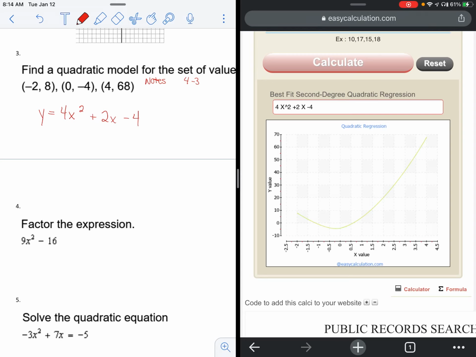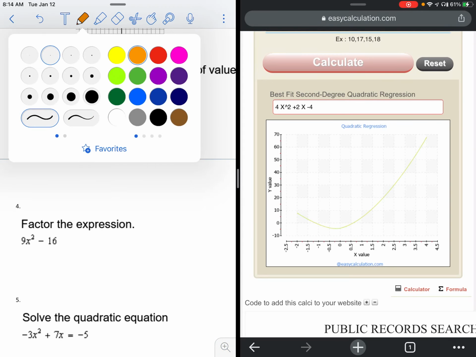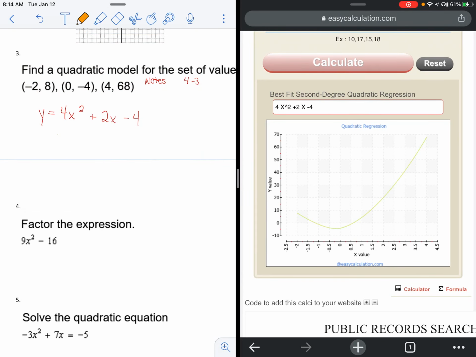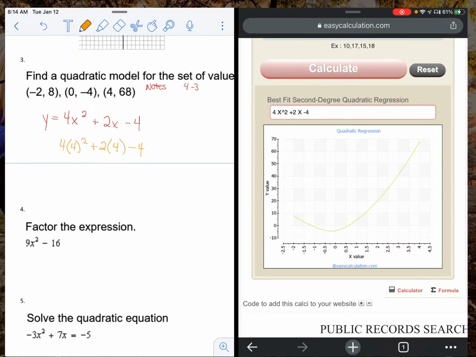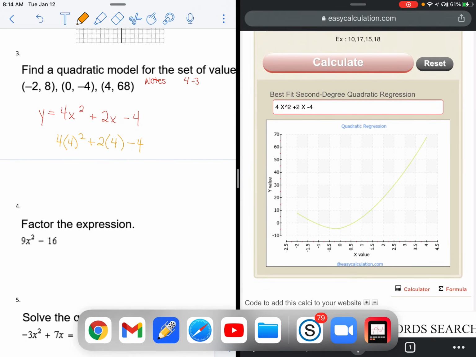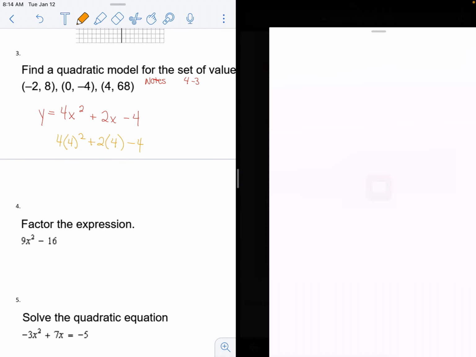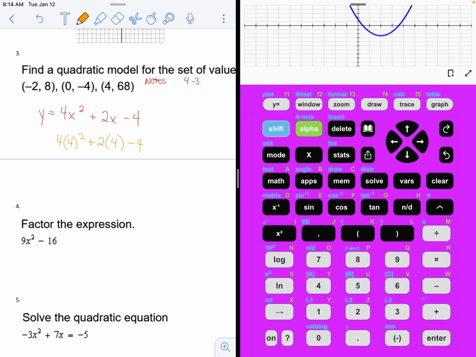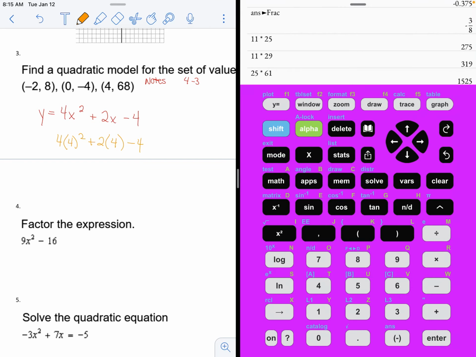What I'll do real fast is I'm going to plug in 4, and I'm just going to double check that I'm going to get 68 out. So I'm just going to check by plugging in 4 to make sure I can trust this website and get 68 out. I will do a screen share with my calculator, and I'm going to just check to make sure that was a good website to be referencing.